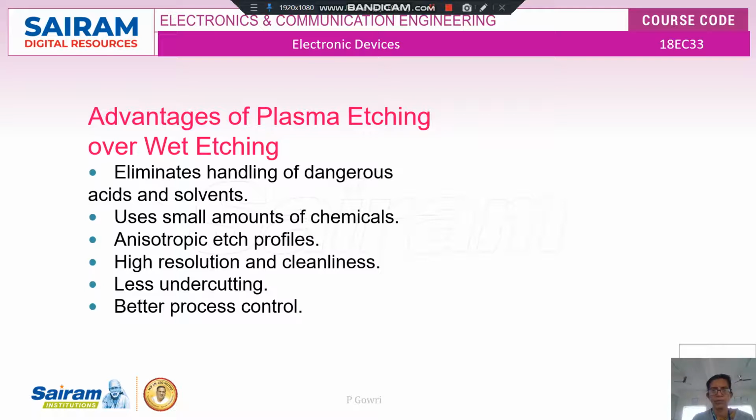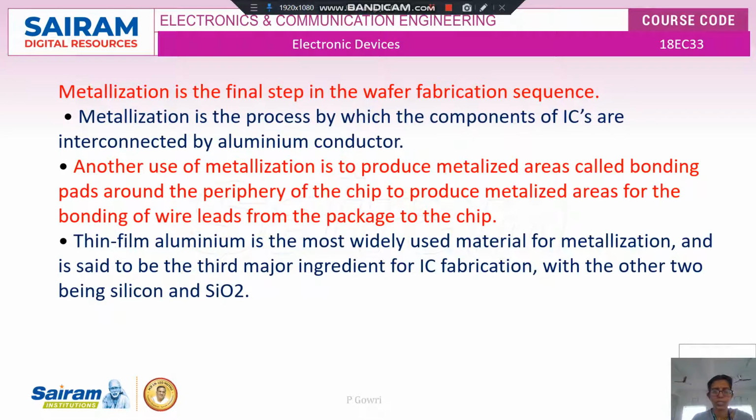In wet etching, there is the problem of handling harmful acids. Also, here it is anisotropic, so it is directional, and the correct etching process will be done. It is high resolution and also a clean process. So we can better control the process in dry etching compared to wet etching.